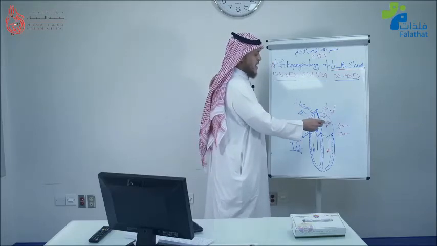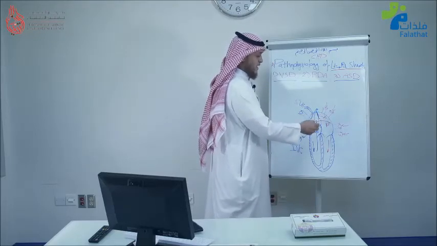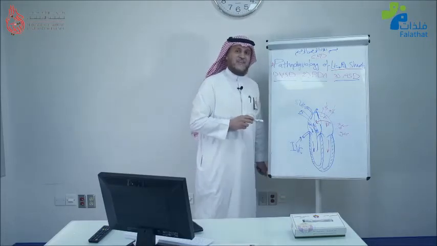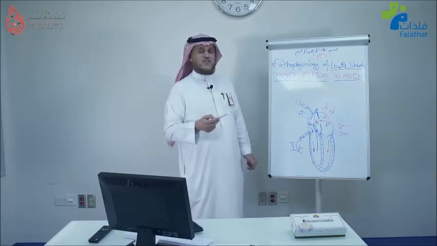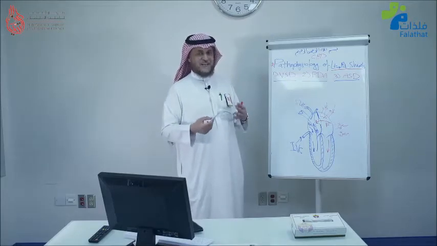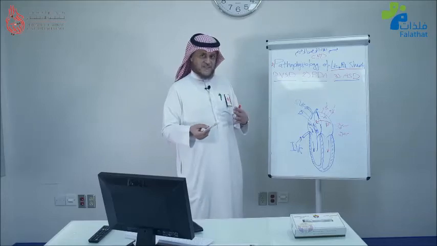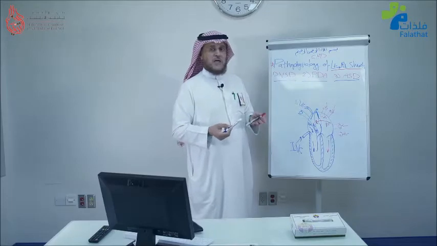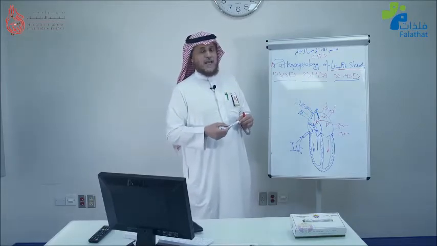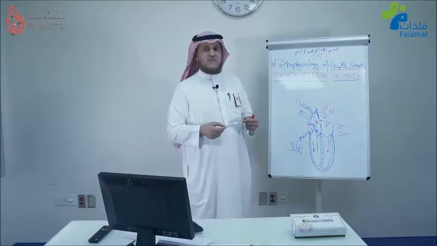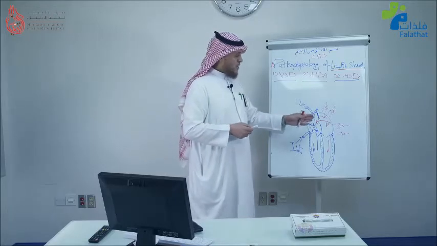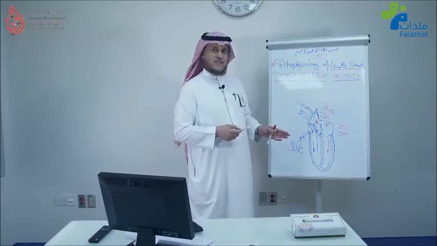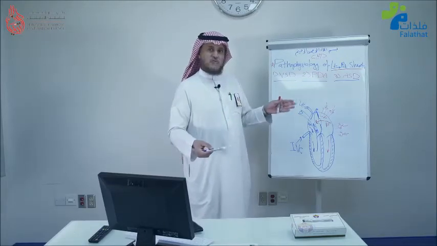And this causes a left to right shunt during what? Systole or diastole? There is not a big difference in systole and diastole pressure-wise between the two atria. You see, a normal mean LA pressure will probably be around 6 to 8, with a normal mean RA pressure of around what? 2 to 6.